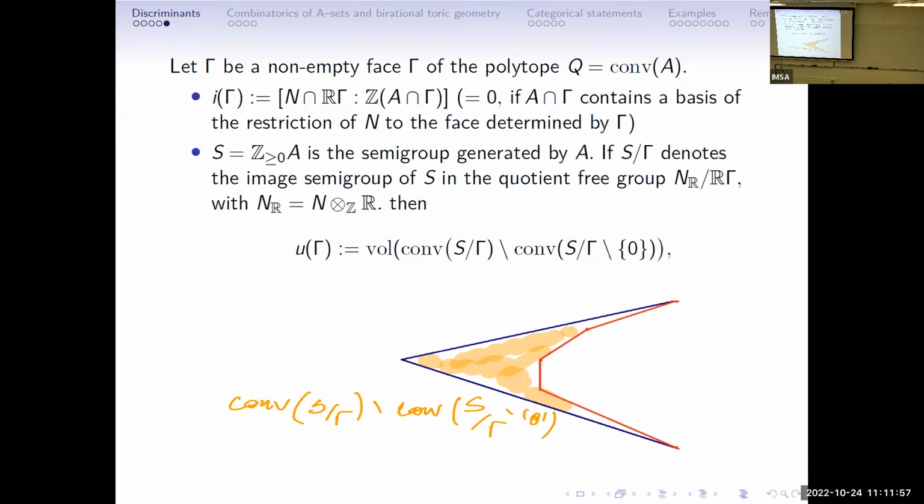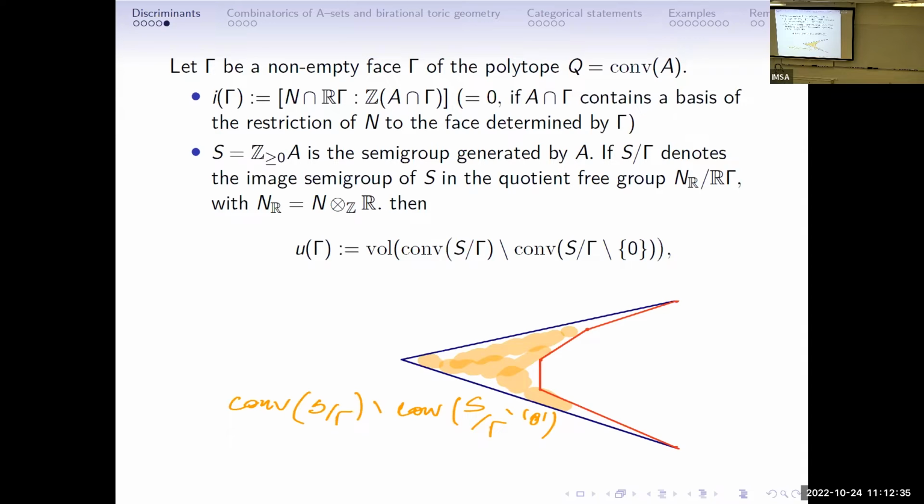The red points here are the points that you get inside this quotient, and they come out of the set A. So even though A satisfies this hyperplane condition, when you project onto one of these subspaces, that's what this picture represents.